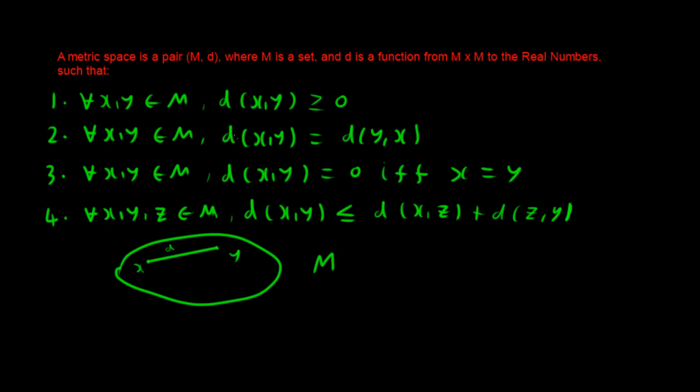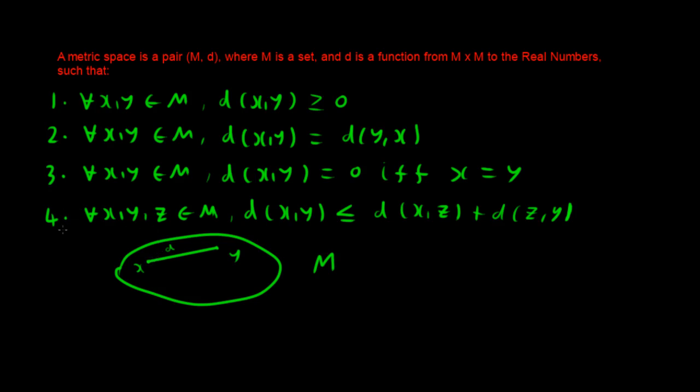Then we also want it to be symmetric, condition number 2. So going from x to y is the same distance as going from y to x. Then we want it to be 0 only when we're looking at the distance from a point to itself. That makes sense. If you're at x and you don't go anywhere, then you want your distance to be 0.